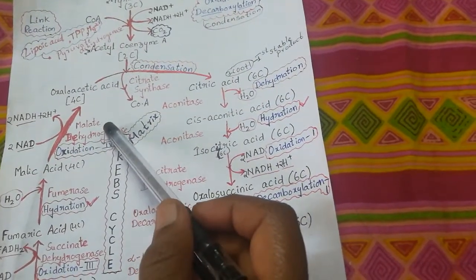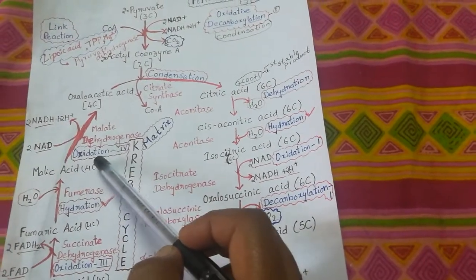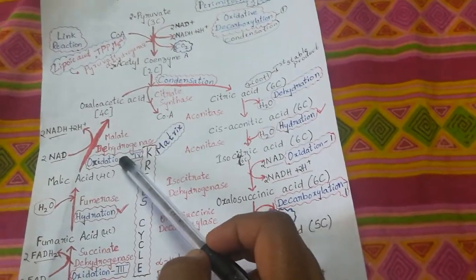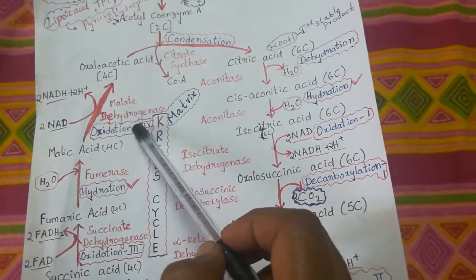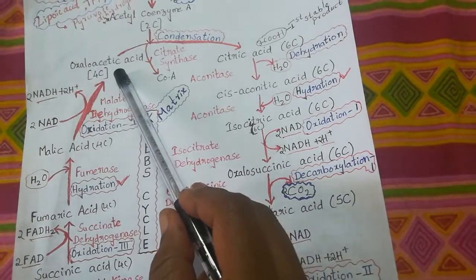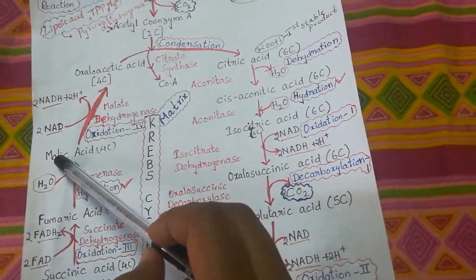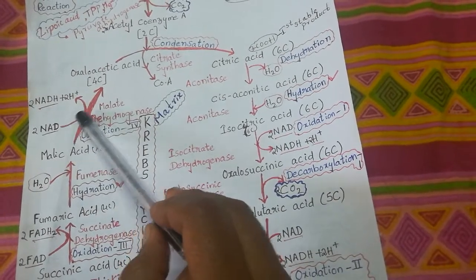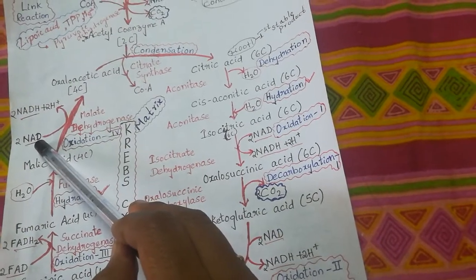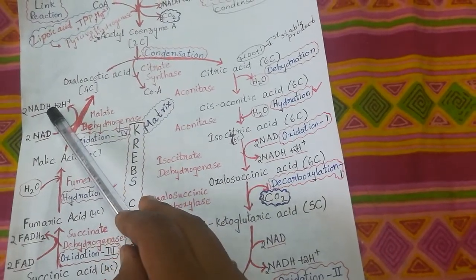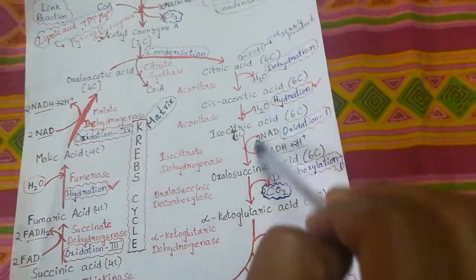And next, the last oxidation, the 4th oxidation in Krebs cycle, is where malic acid undergoes oxidation in the presence of enzyme malate dehydrogenase to form oxaloacetic acid, a 4 carbon compound. During this process, hydrogen atoms are removed from the substrate and accepted by NAD to form NADH2. So this is a cyclic process.